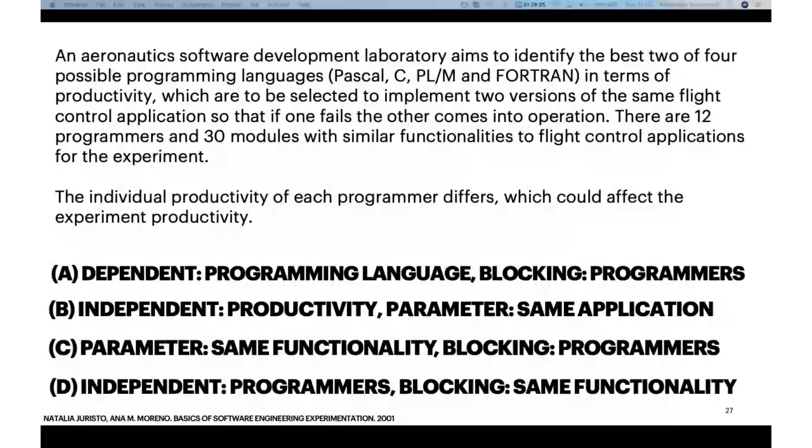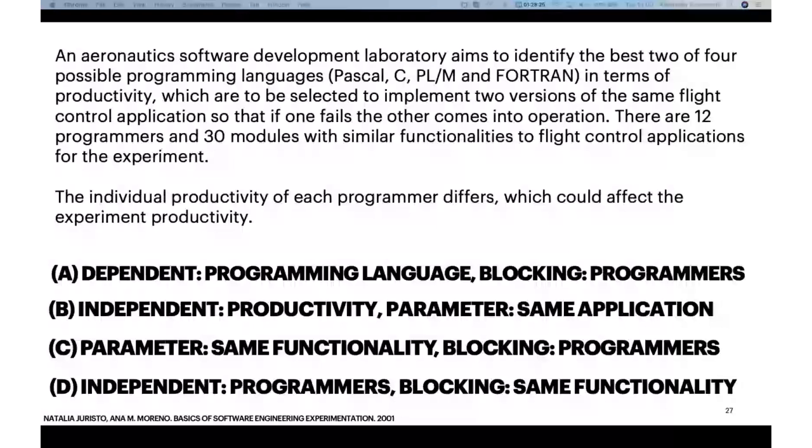So to figure out what is going on, we need to read further. What do we see further? So we see that we have a task. Two programming languages will be used to implement two versions of the same flight control application.